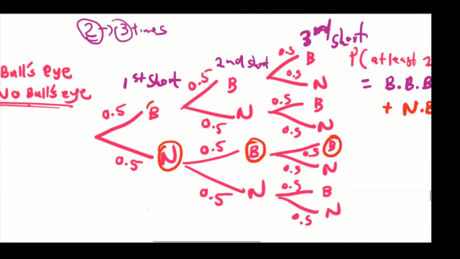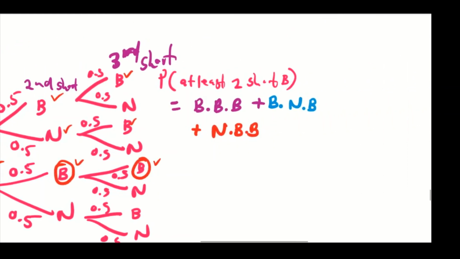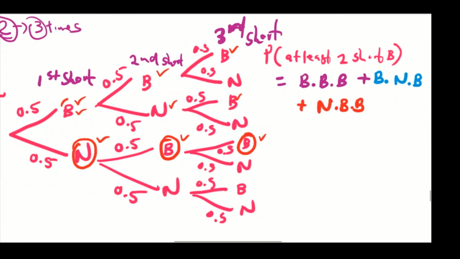Or another option would be, so we are done with this one here, and we are done with this one here. Cool. So it means now that we just need to, there's one missing though.